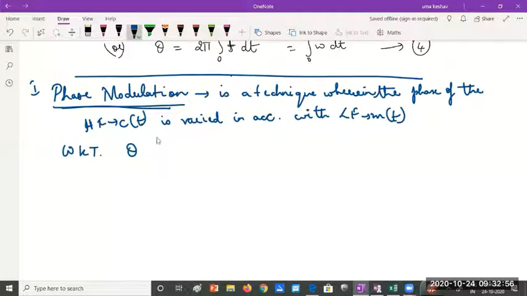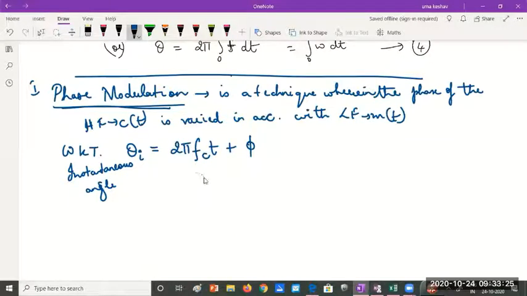We know that the instantaneous angle, instantaneous meaning the angle at the given instant of time, I'll call it theta I. It's the same expression; we don't change the expression. Only thing, I'm using the subscript I to indicate that it is an instantaneous value. So this can be defined as the sum of a fixed component and a variable component.